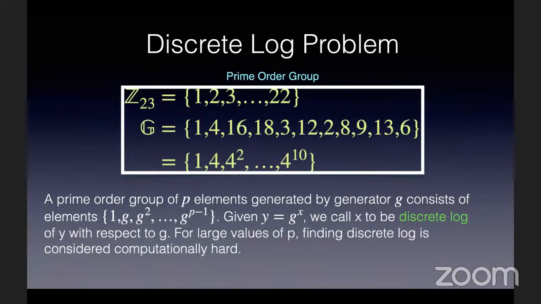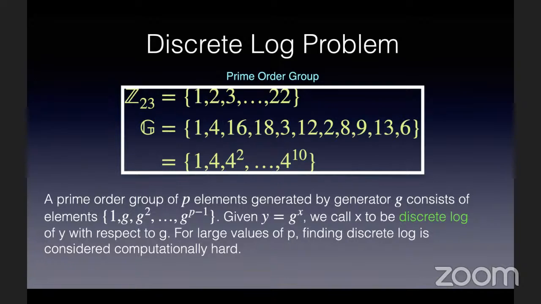For that, we take as an example what is famously called the discrete log problem. We consider this set. I've taken an example set where you have numbers modulo 23. 23 is a prime, and it's important that the number be prime.